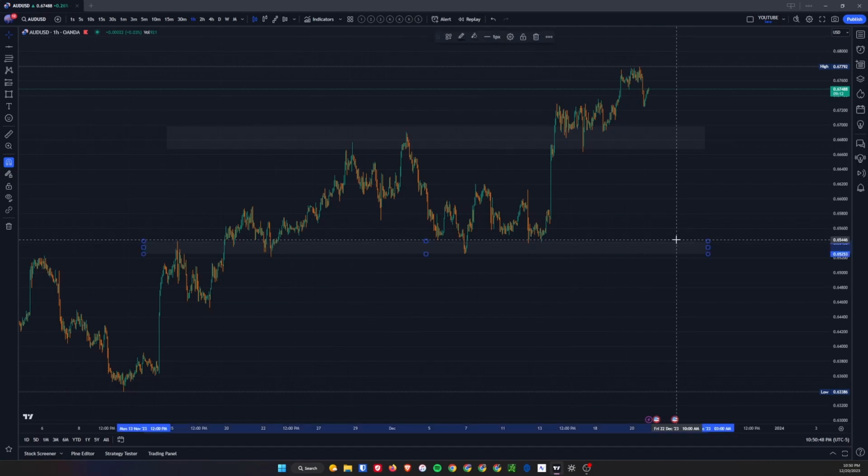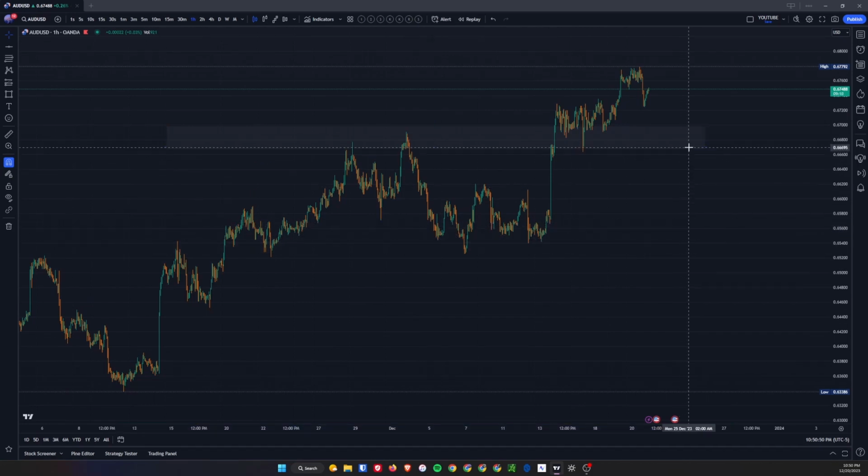This is one of the things that you have to practice a lot to get better at. So make sure that you practice it, go through it. The more you do it, the better you'll get at spotting these different types of levels, and eventually you'll get to a point where you can just do it in your sleep. So that's how you draw major price levels and points of interest.